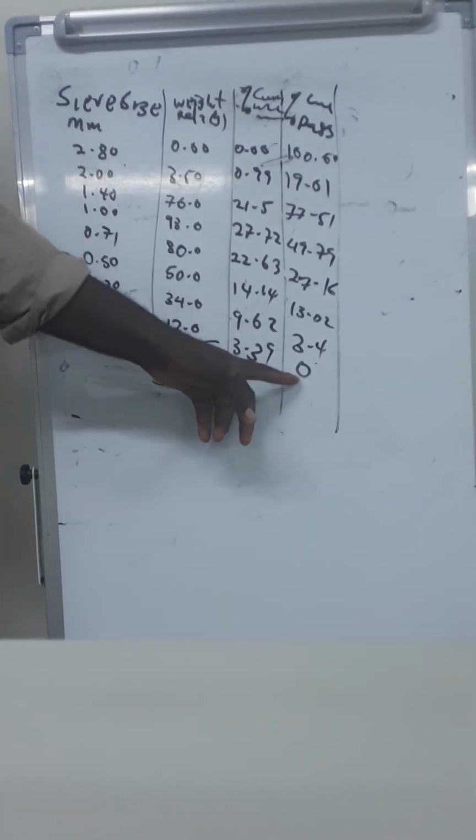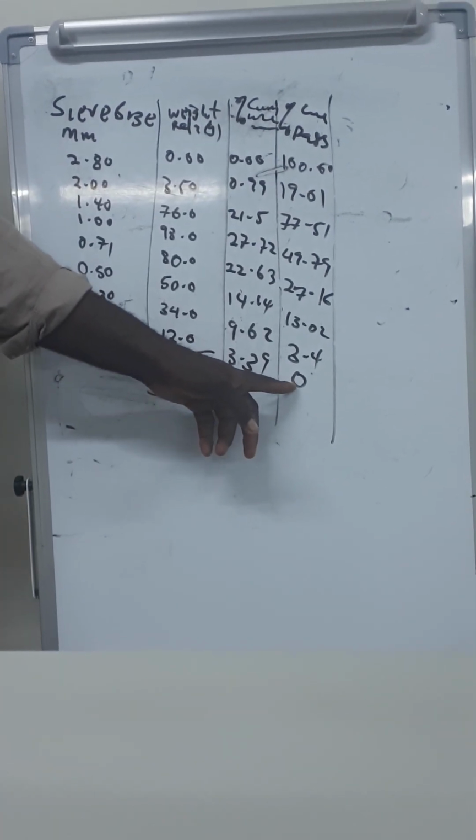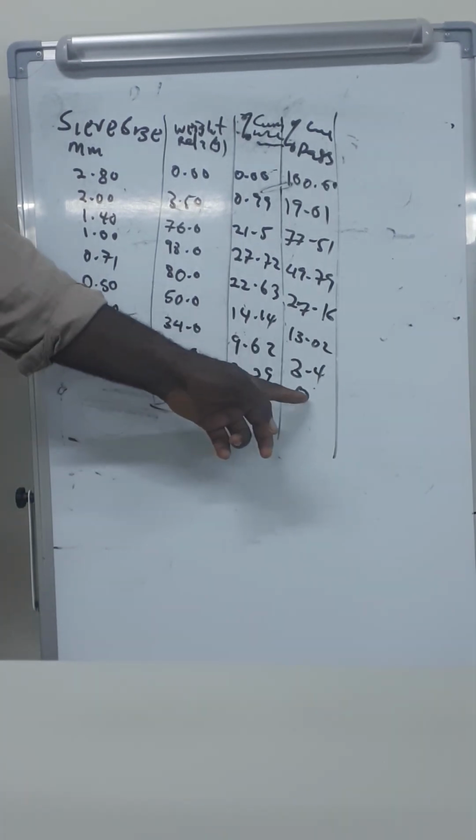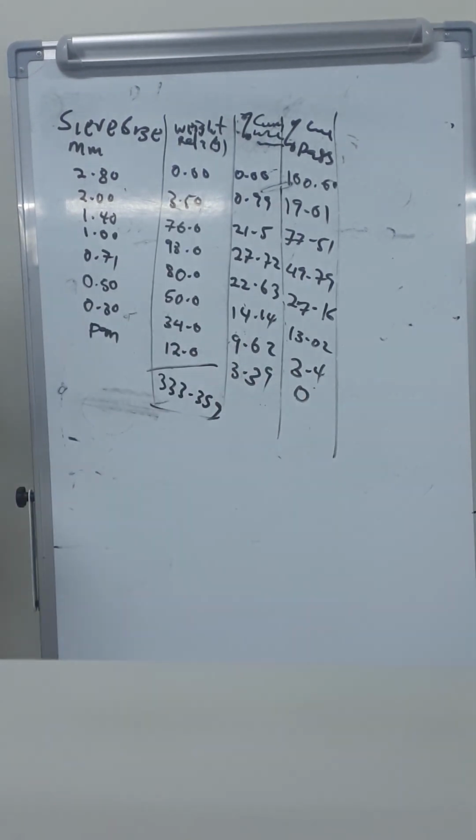At the end of this, if you don't get 0 at the last value, the pan value, then there is a problem.